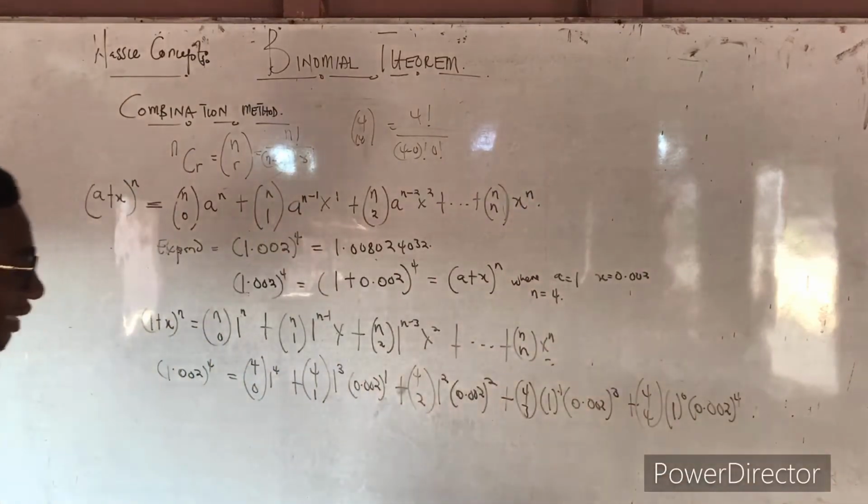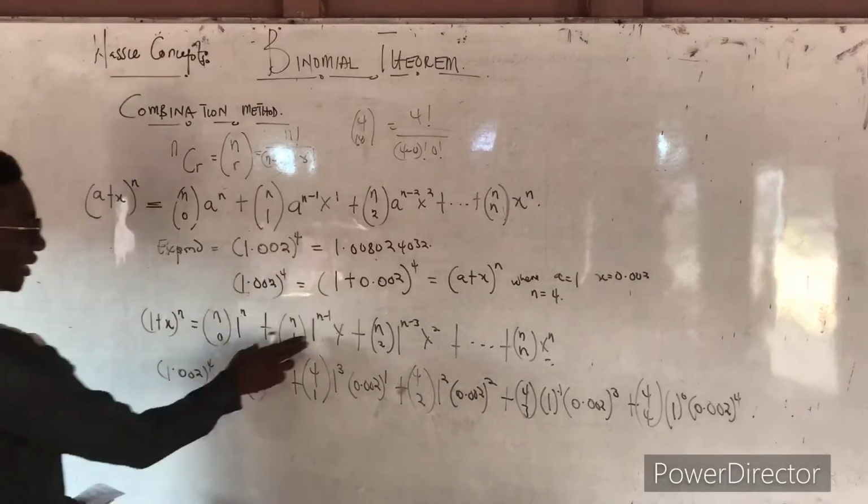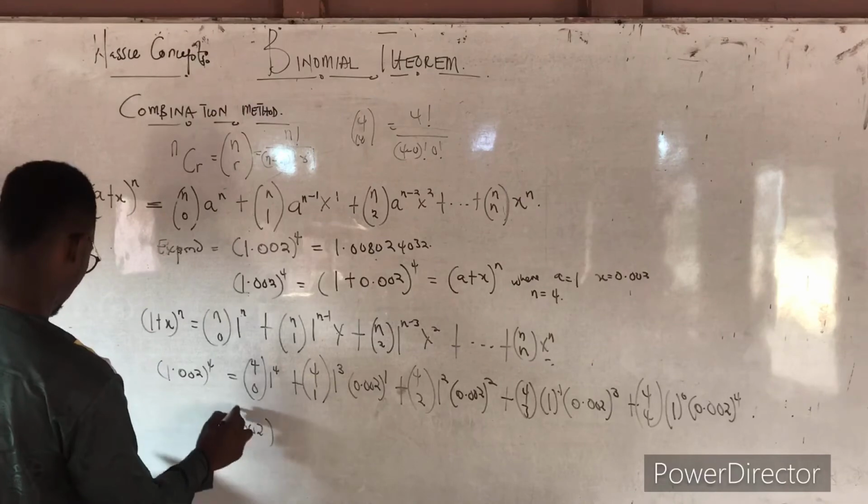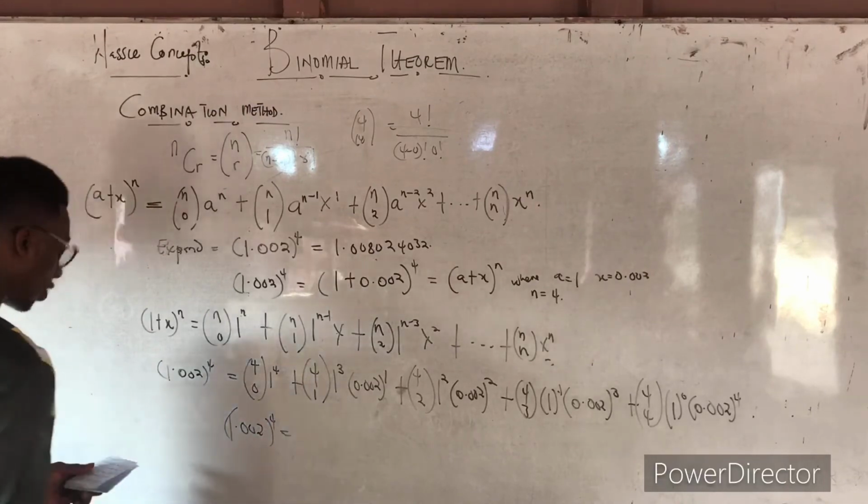So now when you do this expansion, by this binomial theorem idea, 1.002 exponent 4, this is what you'll be getting.